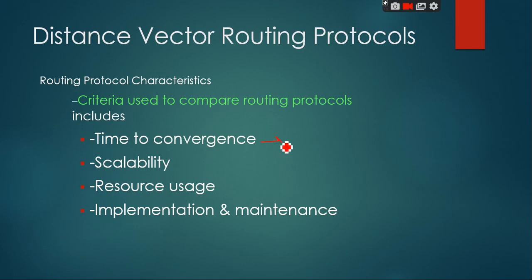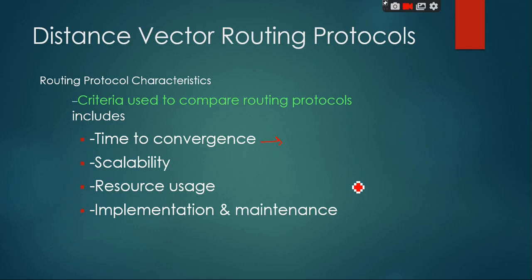Time to converge. Time to converge means, if you assume that the network is starting for the first time, you have configured the routing protocol, but this is the first time that you are starting all the routers. Now each router has to discuss with the others, and they need to send their routing tables to each other.